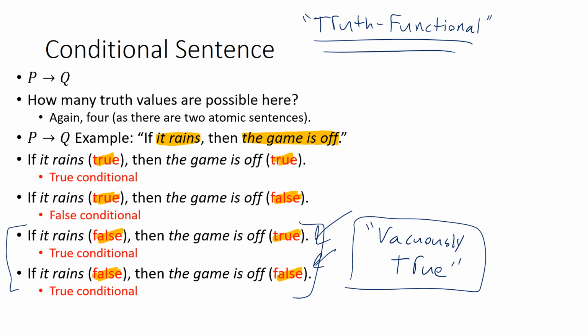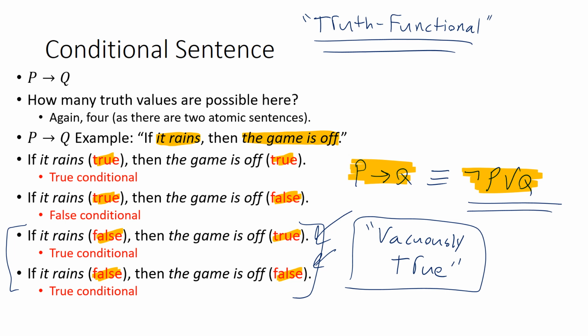And we stipulate that if P then Q is logically equivalent to not P or Q. So if this left-hand side is logically equivalent to this right-hand side, and remember in a disjunction, in mathematical logic, it's inclusive, so not P and Q can both be true. And if that's the case, we have to treat these last 2 conditionals as vacuously true.